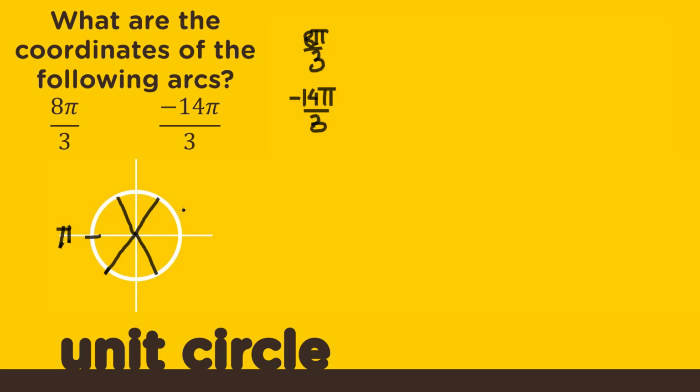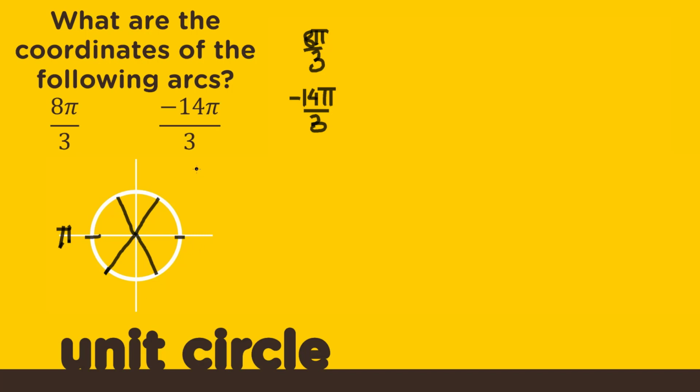So we have here 1, 2, 3, 4, 5, 6, but it's 8, so we're going to have more than one revolution, right? And we have here negative 14, so the movement is clockwise, so it's more than that as well. Now, of course, you could always try to illustrate it like this: 1, 2, 3, 4, 5, 6, 7, 8, and you will have it here. If you have time to draw your unit circle, as well as negative 14, you can move it like that.